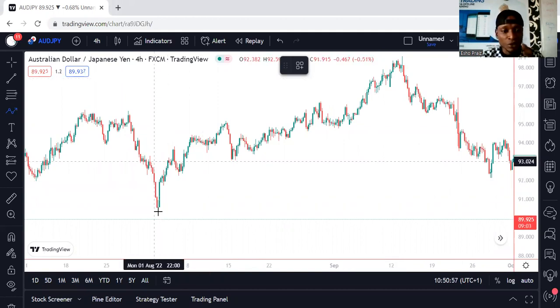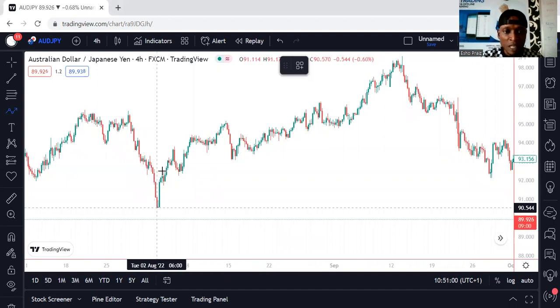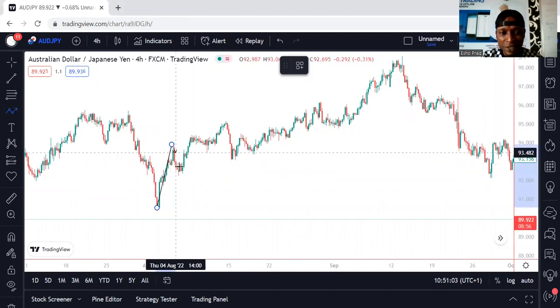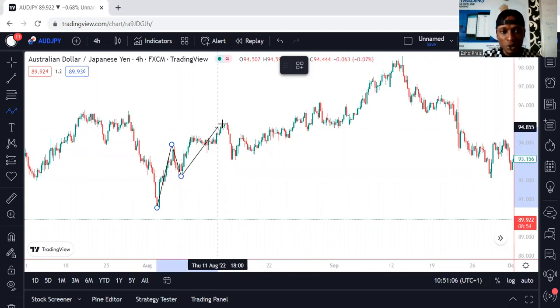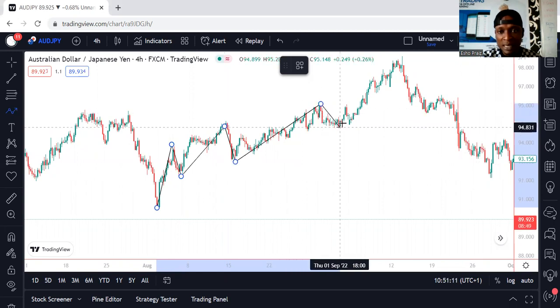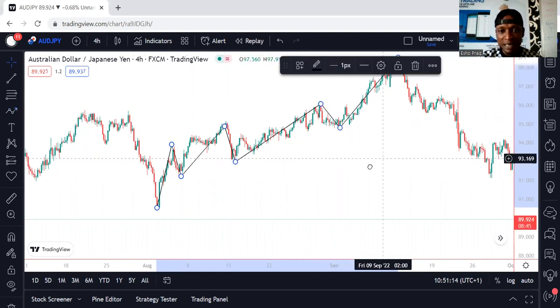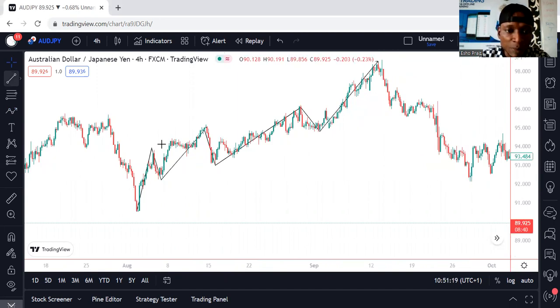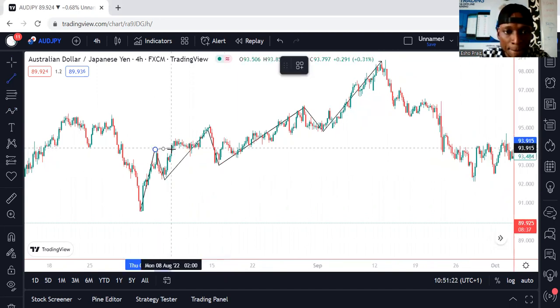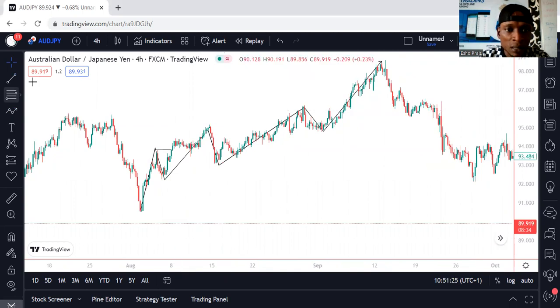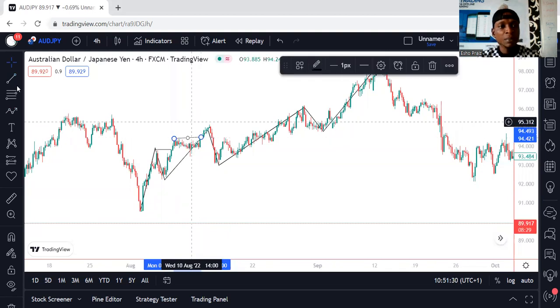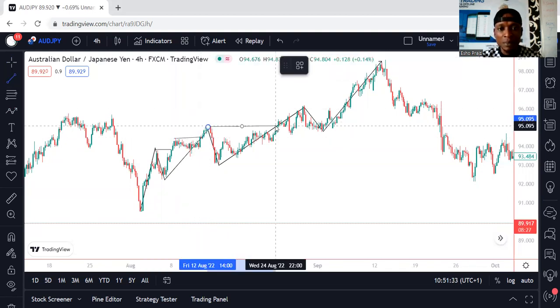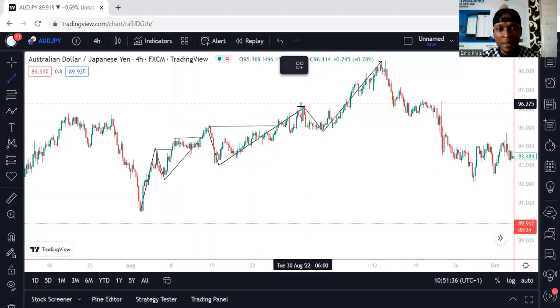Now let us talk about expansion and retracement. We have expansion, then a retracement, expansion, a retracement, expansion, till the market created what? Higher high. Very good. So this becomes our BMS.